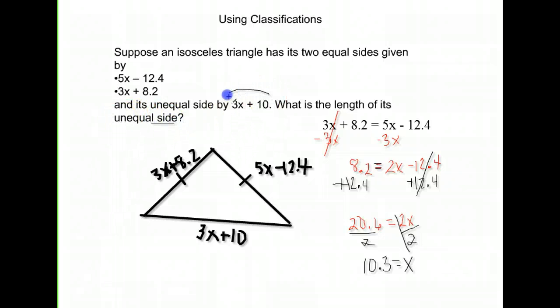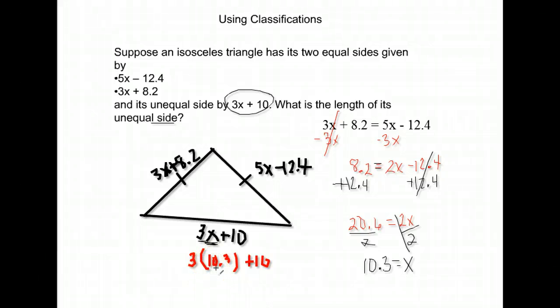So the unequal side, it said, was length 3x plus 10. Now that I know x is 10.3, I can come here and replace the x in that unequal side with a 10.3, and I can find the length of that unequal side. Okay, so just make sure you put it into the unequal side because that's the one they're looking for. They didn't want to know the length of the congruent sides. You just replace the x with a 10.3 and go from there.